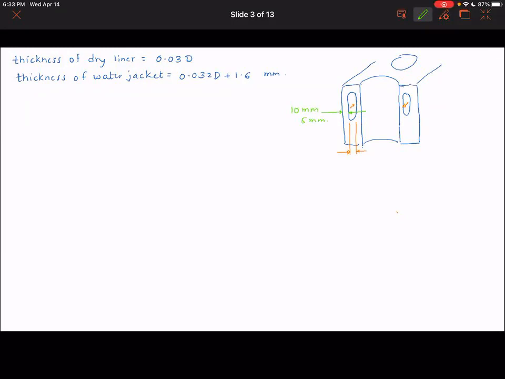Now, the next part is bore and length of the cylinder. So bore is diameter and length of cylinder.